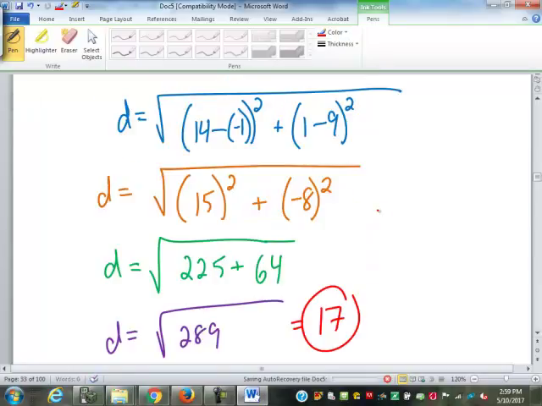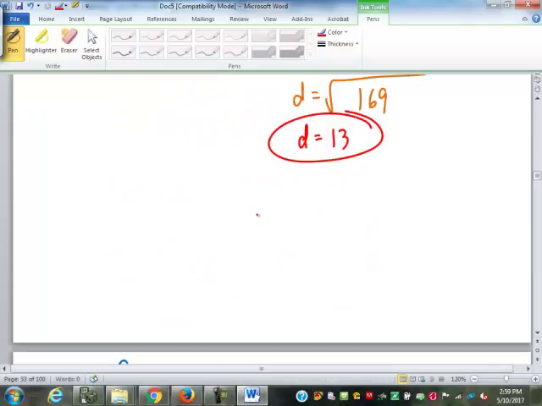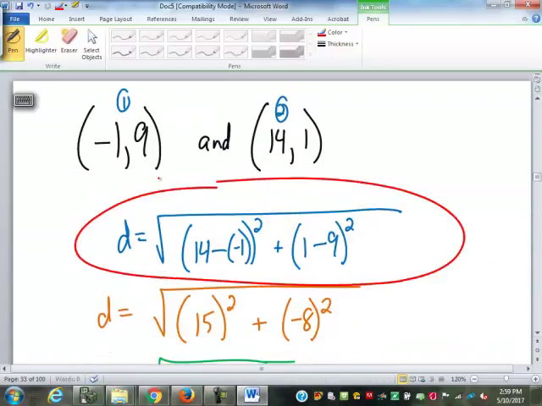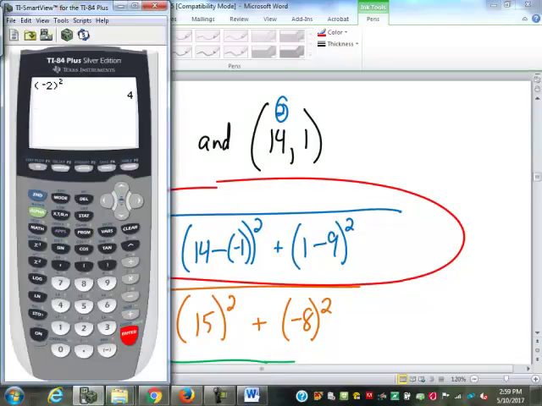Now I'm going to go back up here. I know I did this the long way here by going step by step. But back up to here, we could do this all in one step in our calculator. Second square root, parentheses, 14 minus negative 1. Notice on my calculator, I don't need parentheses around that negative.